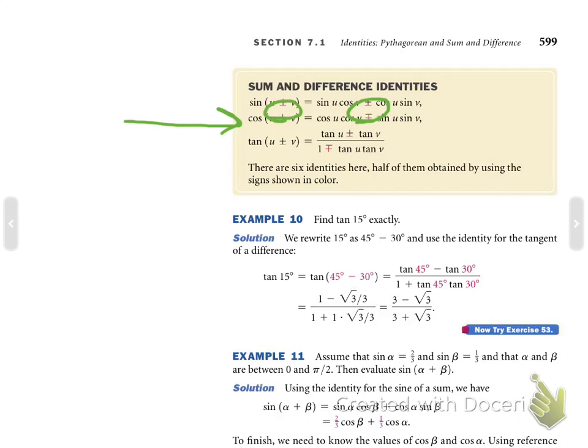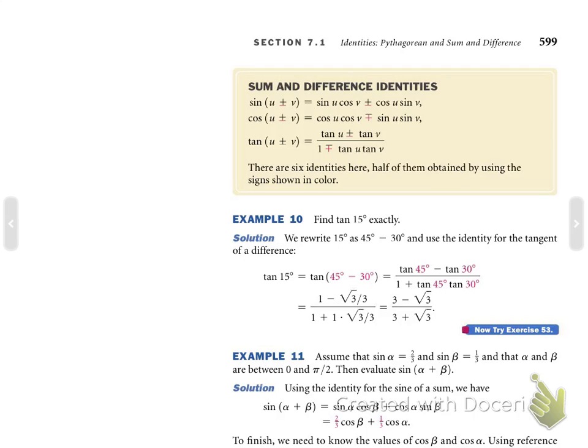On the one that has the tangent with it, the formula has addition on the top, so the top part of the formula has addition for addition, but the bottom of the formula has subtraction in the addition formula. So basically, the top formula goes with the top sign, the bottom goes with the bottom of the formula. So be careful when you're doing these and make sure that you're following the correct sign, okay?